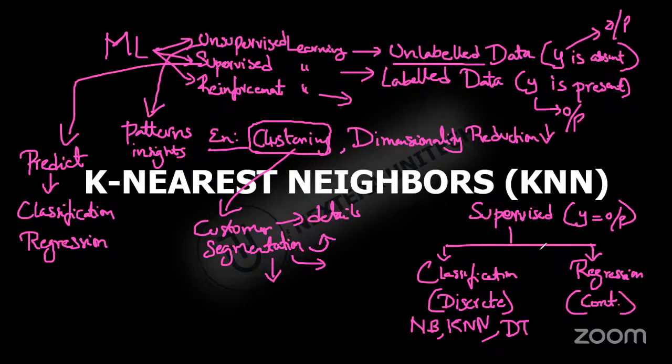If the values are discrete, we go with classification algorithms; if they are continuous, we go with regression algorithms. Examples: linear regression, which is one of the widely used regression algorithms, and logistic regression, and so on.